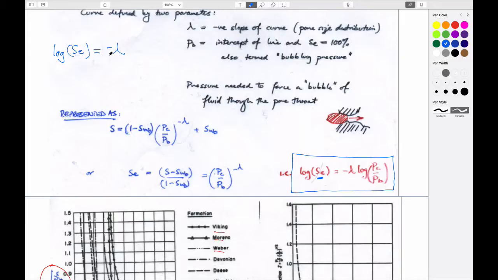This is a slope, y equals mx plus c, I don't know what you use in the US, multiplied by the log of the capillary pressure divided by what we've called PC0. This is our bubbling pressure.